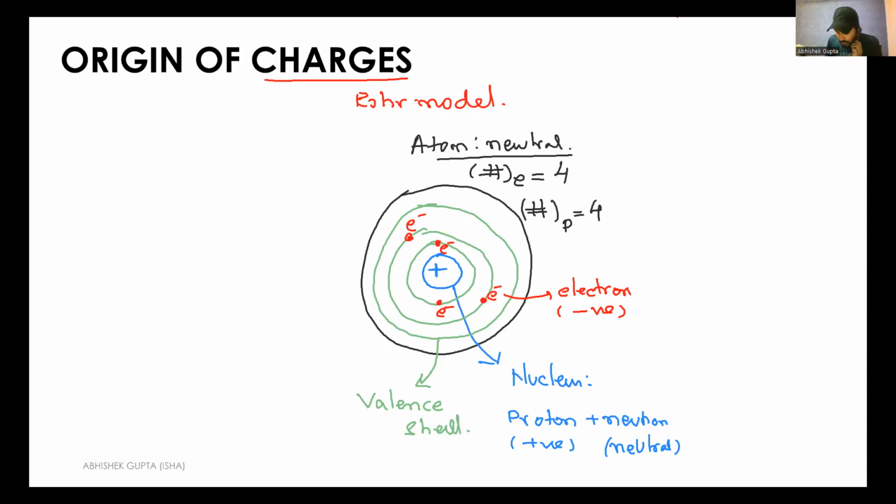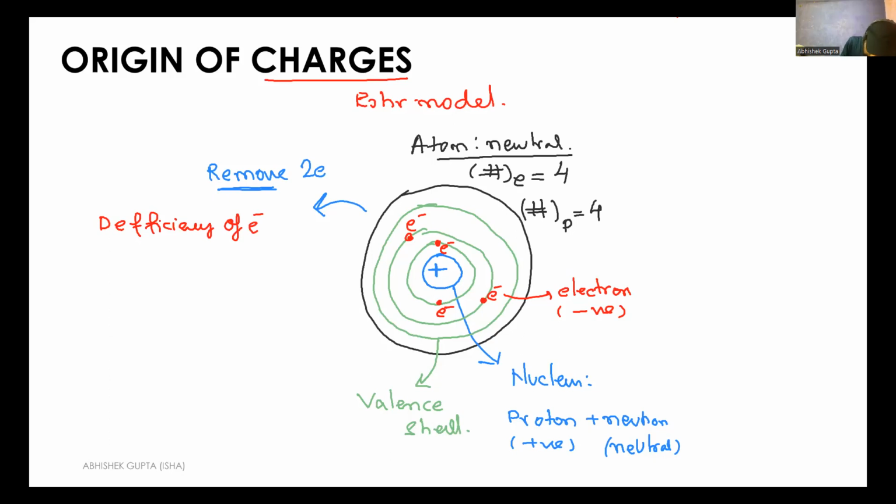Okay. Now suppose somehow we remove 2 electrons. As a result, we'll have a deficiency of electrons.